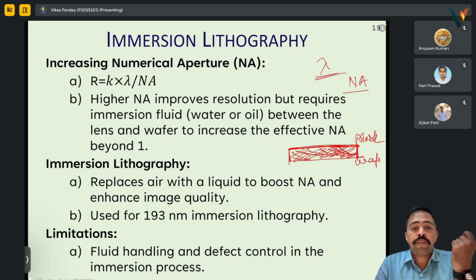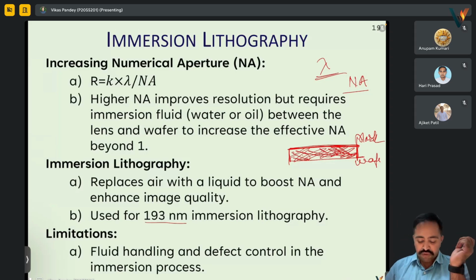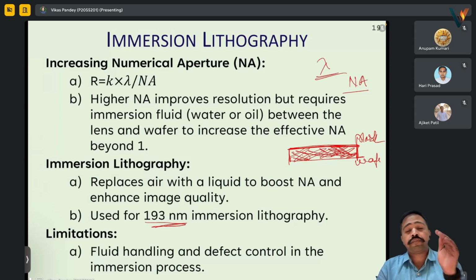Okay, so normally it is air. Instead of air, we are putting liquid like say water or oil based on our uses. This is generally being used for 193 nanometer immersion lithography, that is improving its resolution further.